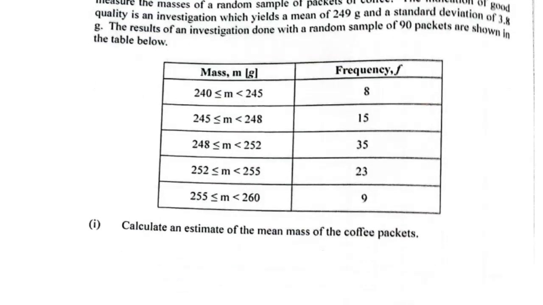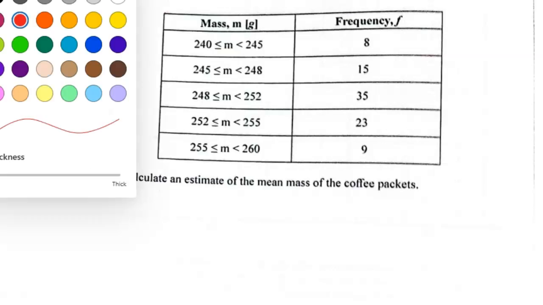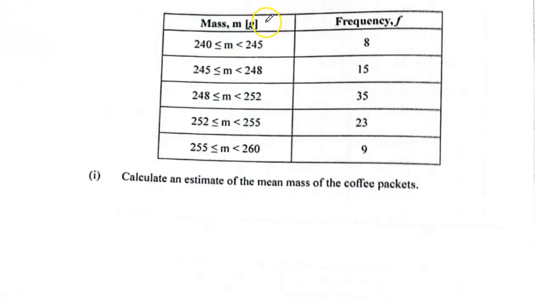So, mean. So let's calculate the mean. So we need the mid-intervals. So let's do the mid-intervals, and let me put them in red. What we're going to use for x, by the way, is the mid-intervals. And we'll get the mid by adding the upper and lower limit and dividing by 2.